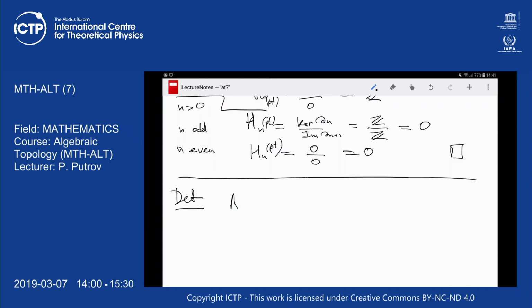So, a sequence of homomorphisms, let's say A_{n+1}, A_n, A_{n-1}.